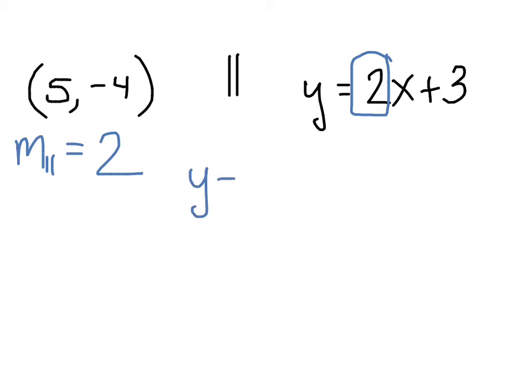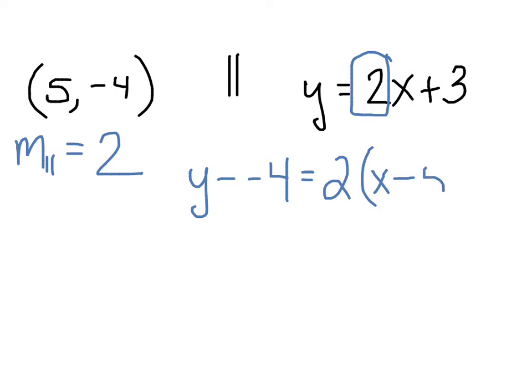So y minus, what's the y coordinate of the point they give us? Equals, what's the slope that we're going to use? 2. x minus, and what's the x coordinate of the point they give us?